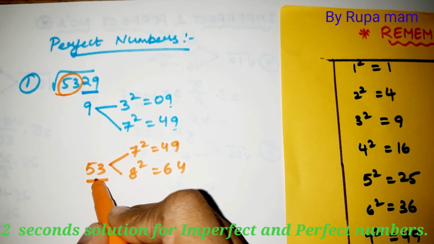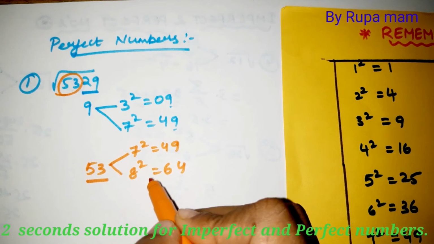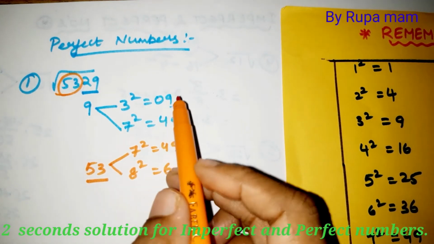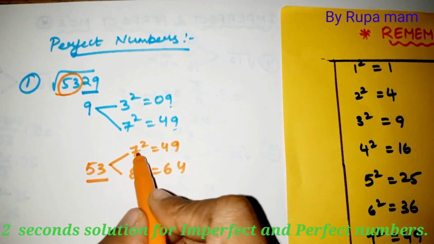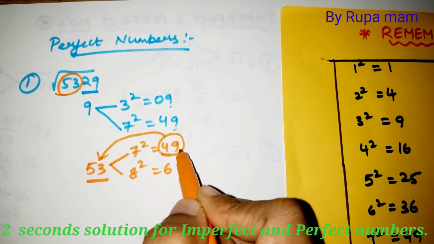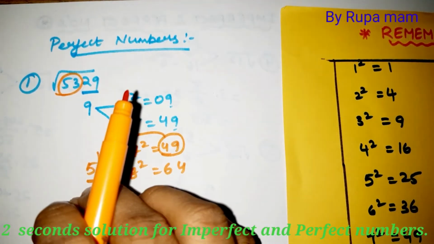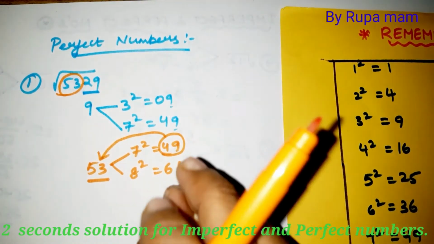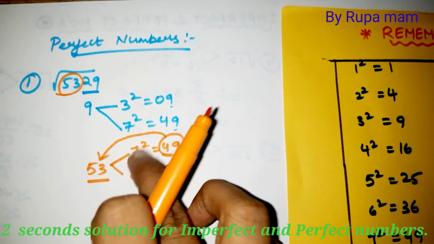53 is in between 7 square and 8 square. 9 can be observed in 3 square and 7 square. Here 49 is lesser value when compared to 53, and 64 is greater value when compared to 53. Every time in square roots, remember that the lesser value only will be taken.